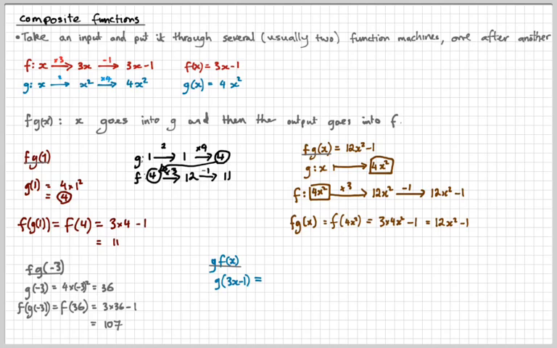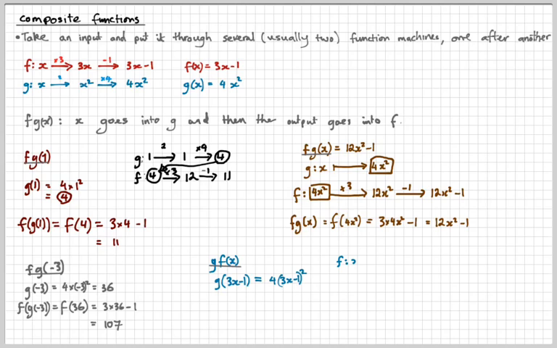What does g do? It will square it and then times that by 4. So gf of x is 4 brackets 3x minus 1 all squared, which is different to fg of x, which was 12x squared minus 1.